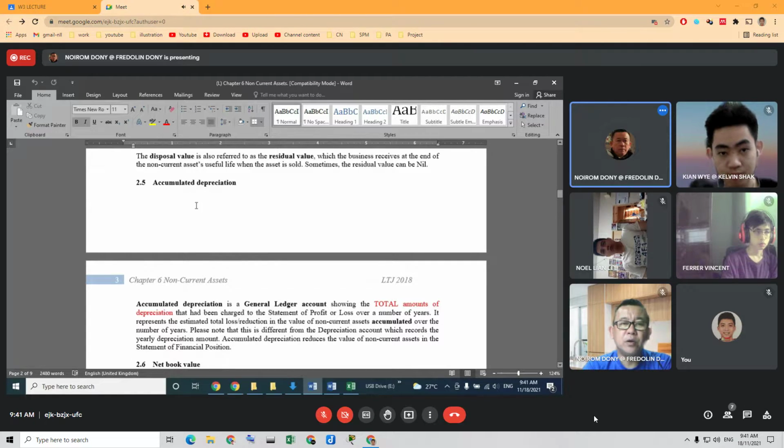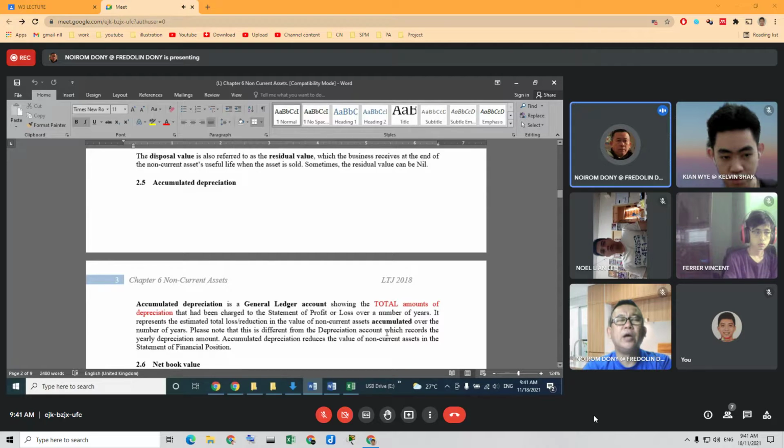Okay, so it's different from depreciation. Depreciation is only recorded on a yearly basis, the yearly expense allocated as depreciation. And accumulated depreciation, we don't record into the statement of profit or loss, but we record it in the statement of financial position, and it reduces the value of the non-current asset.